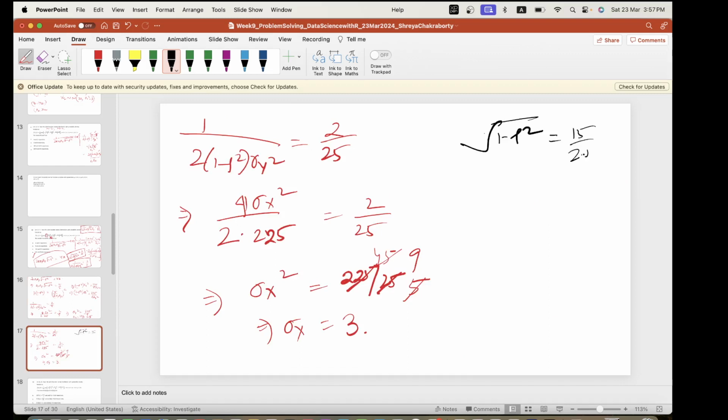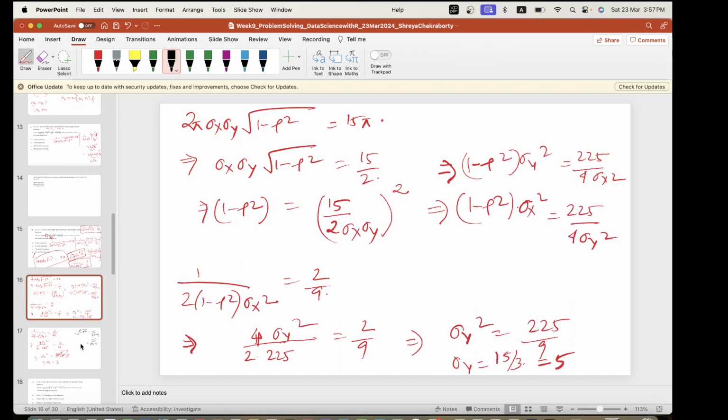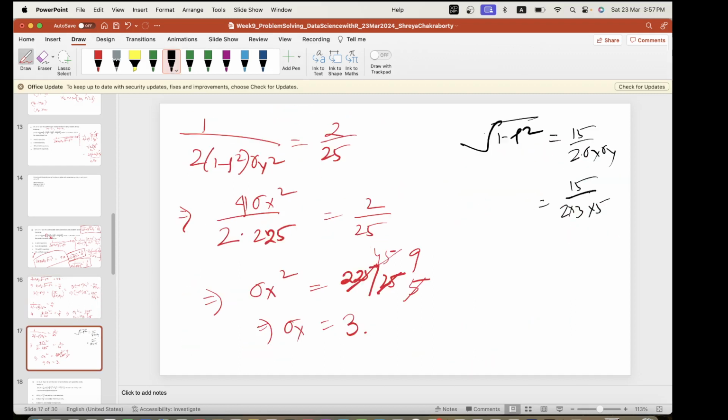Sigma x is 3, sigma y is 5. So this is 3, this is half. 1 minus rho square is 1 by 4. Rho square would be 3 by 4 and rho is root 3 by 2.